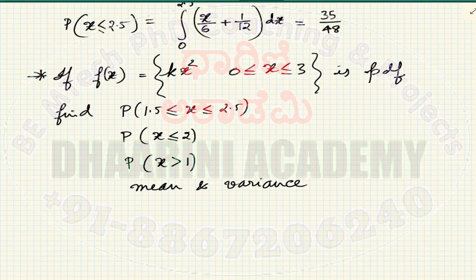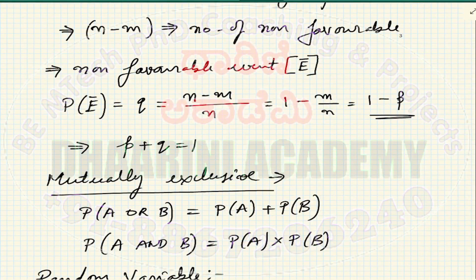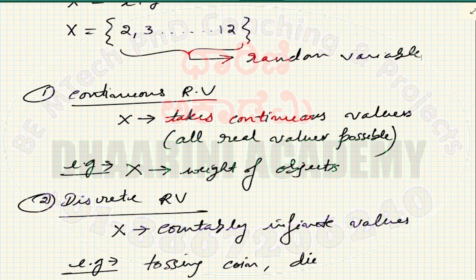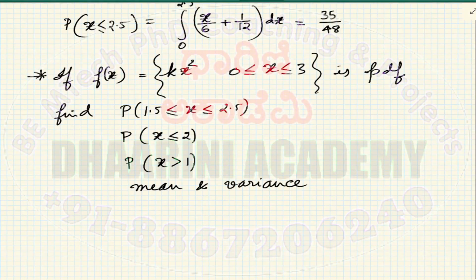So first we need to find the value of k to get the complete representation of this PDF. So how do we find the value of k? You need to integrate. Correct.